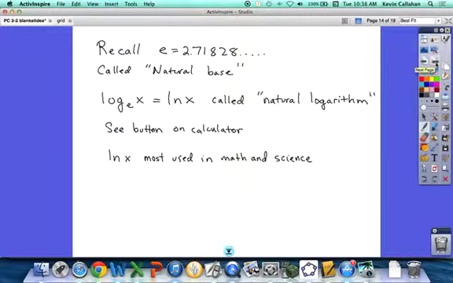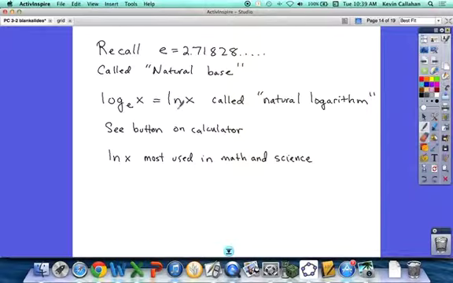Okay, so remember from last lesson, e is an irrational number approximately 2.71828 that never terminates, never repeats. We call that the natural base. The logarithm that uses e as the base is called the natural logarithm, and it's written as ln of x.